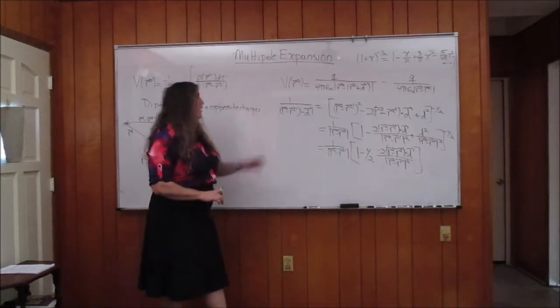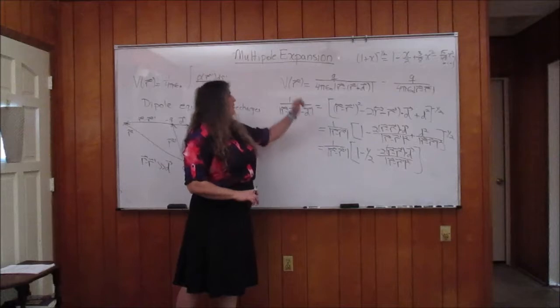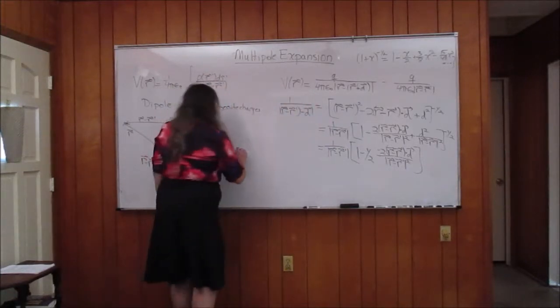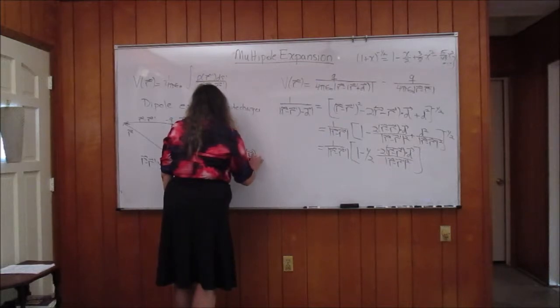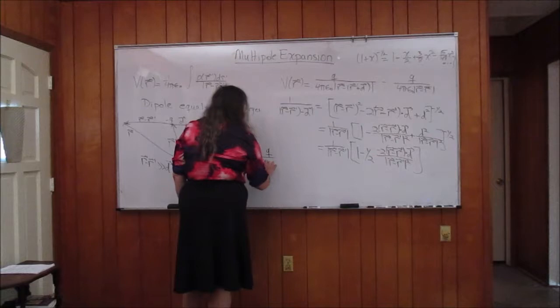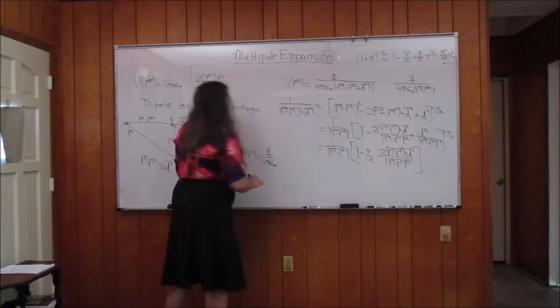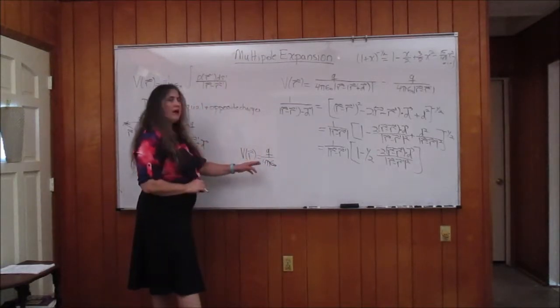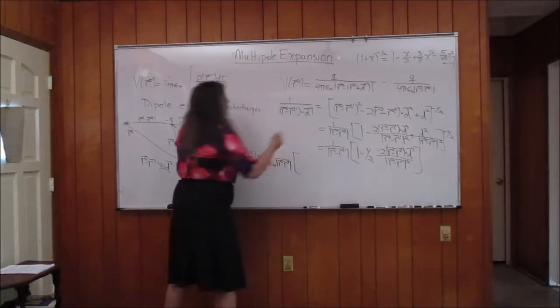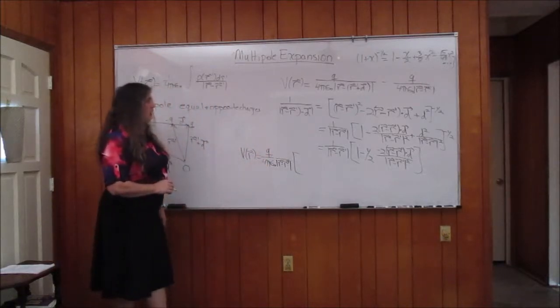Okay, so I'm going to go ahead and plug this expansion, or approximation rather, back up into my original exact formula. I'll pull out a factor of q over 4 pi epsilon naught, and I can also pull out a factor of 1 over r minus r prime as well, because each of these terms has that factor in common.